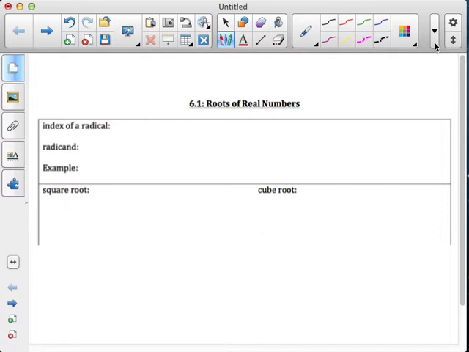Index of a radical. When you see radicals, they're going to look like this. The index of the radical is this n value here. It's going to be like a 2. If it's a 2, then they don't write it. It could be 3 or 4 or 5, so it's like square root, cube root, fifth root, and so on.